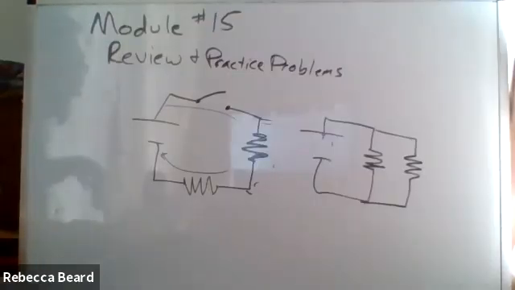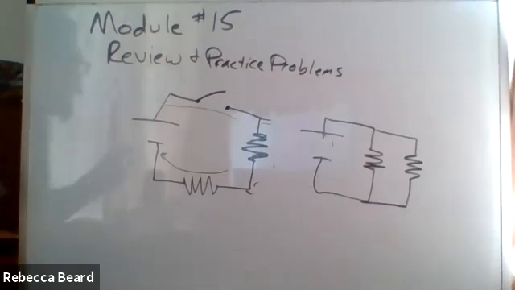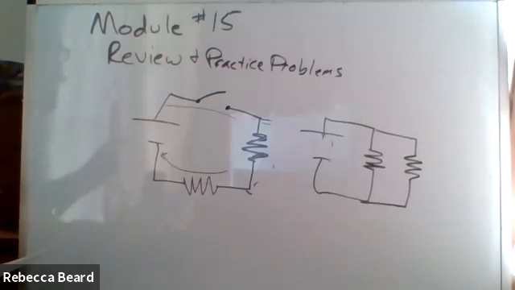A little more detailed answer, I'll always take them and go a little further, is a fuse has a conductor in it that is made of a heat sensitive material. In other words, it's going to melt when it gets too hot. When enough current goes through it, when enough electrons are flowing through it, enough charge is flowing through it, it will heat up and melt. And that is, it's kind of a designed failure point so that the failure point doesn't occur somewhere else that you don't want it to occur, like inside your walls and starting a fire in your house.